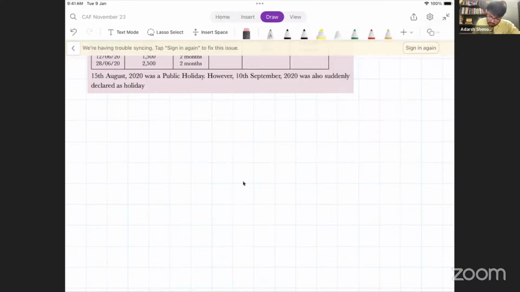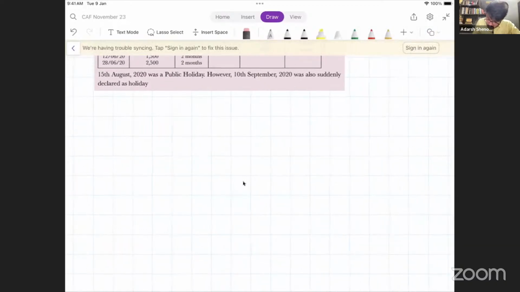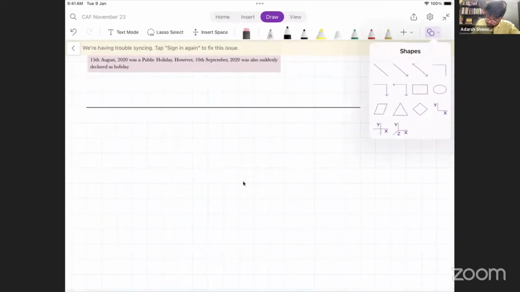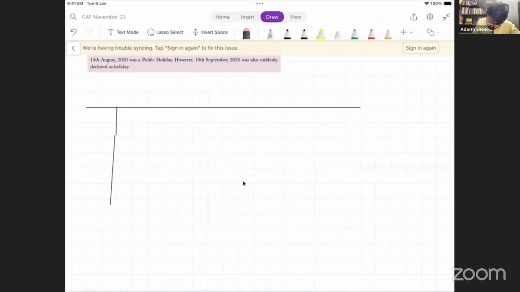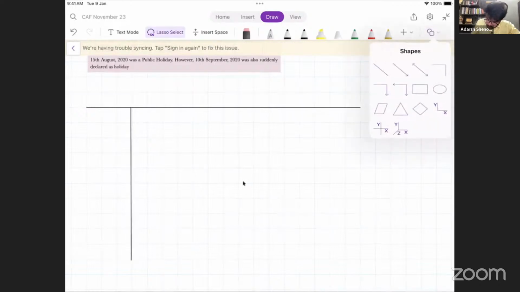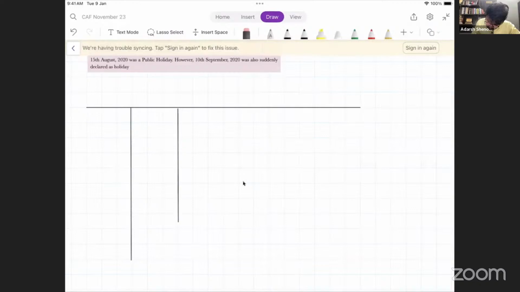So let's draw the table twice, the same table, and do it simultaneously.